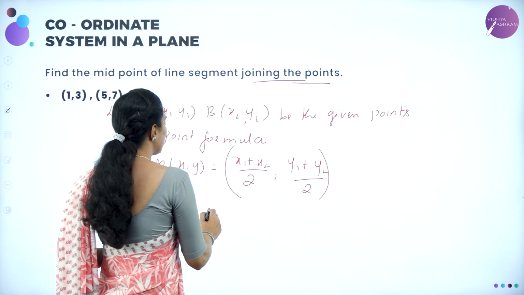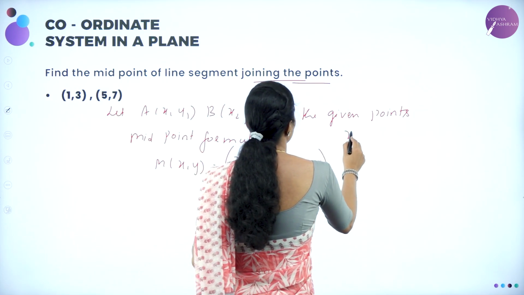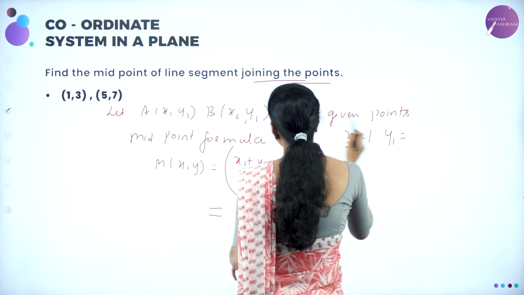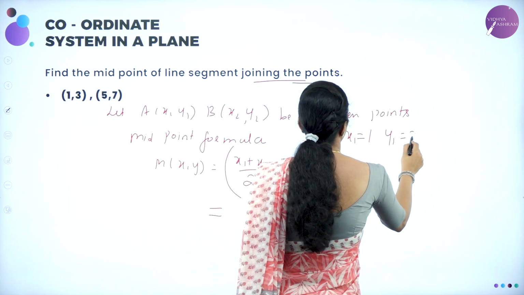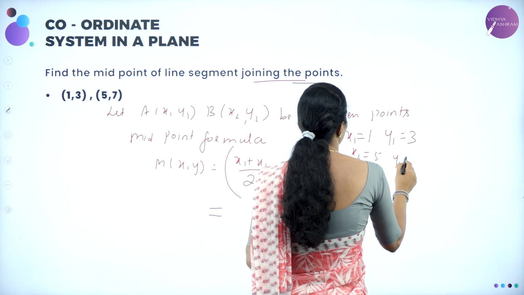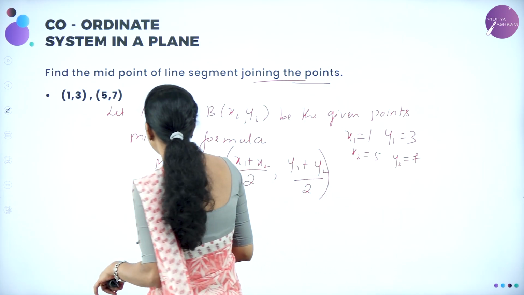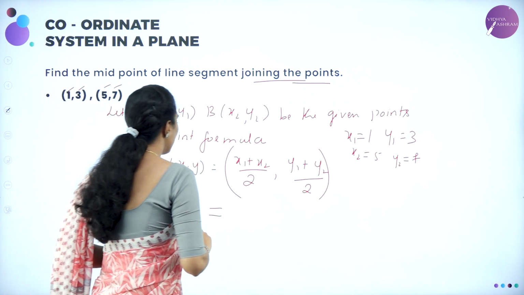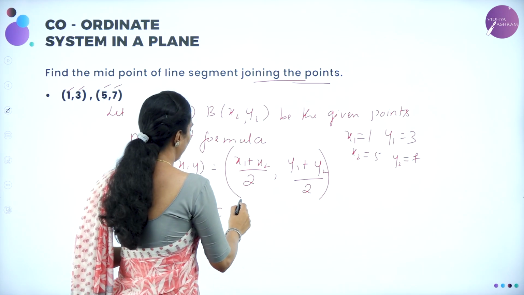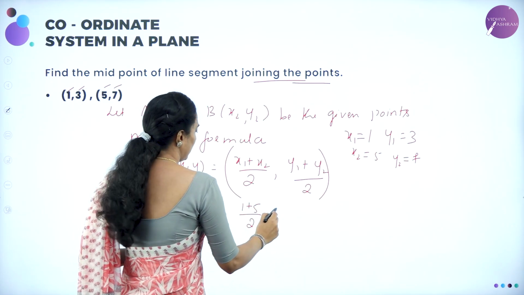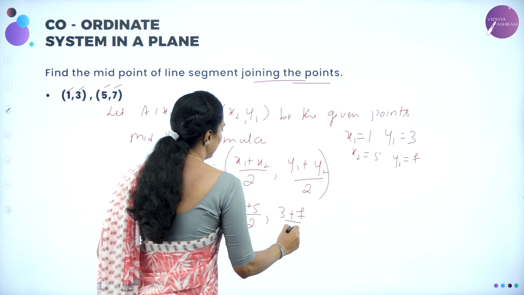Which will be equal to, now what is x1, y1? Let me write it here. x1 is 1, y1 is 3, x2 is 5, y2 is 7. So we are going to have 1 plus 5 divided by 2, comma 3 plus 7 divided by 2.